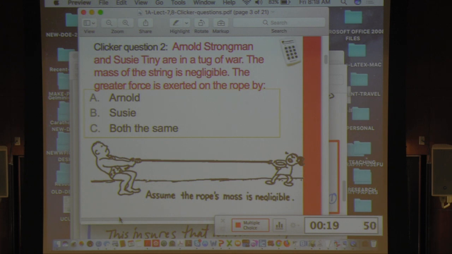These are conceptual questions that don't look beyond simple concepts. I like Susie more, so I think she should be the one that is pulling the strongest.